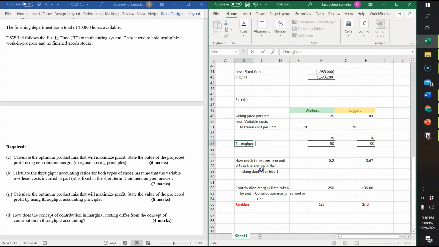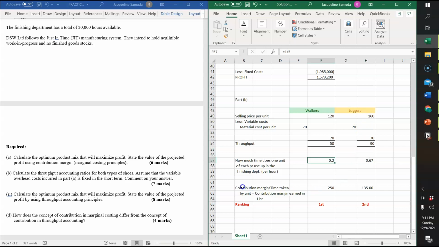Okay. Now, the limitation factor still remains the finishing department. And based on part A, it is still going to take 0.2 hours to make one pair of walkers and 0.67 hours to make one pair of joggers. That data has not changed.